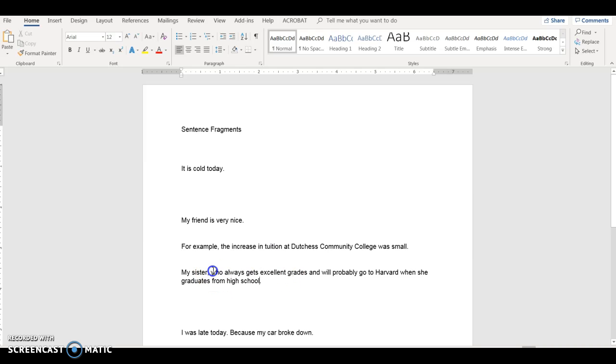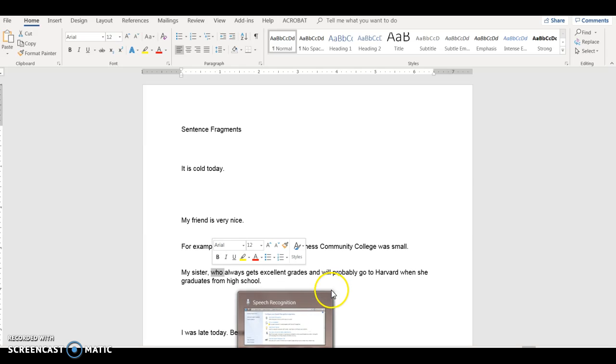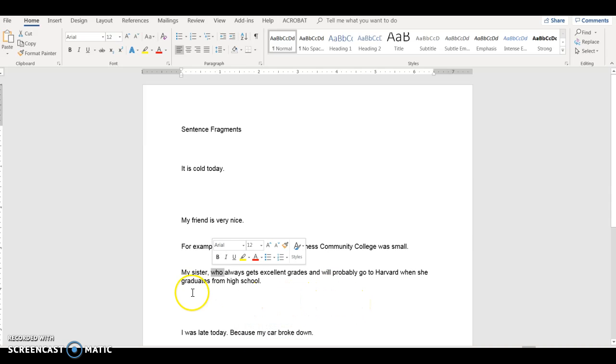Remember how we said who begins a clause that describes my sister? Well, if I don't have anything else to say, if I really just want to say that my sister gets excellent grades and will probably go to Harvard when she graduates, then I just write it in the form of a sentence. I take away who so that I don't have an adjective clause.